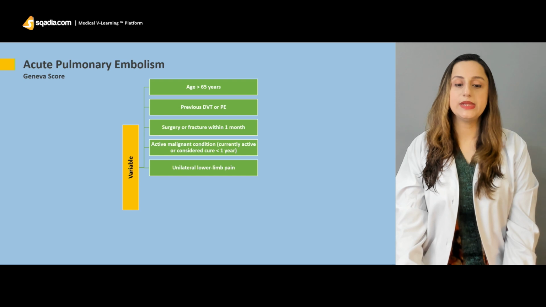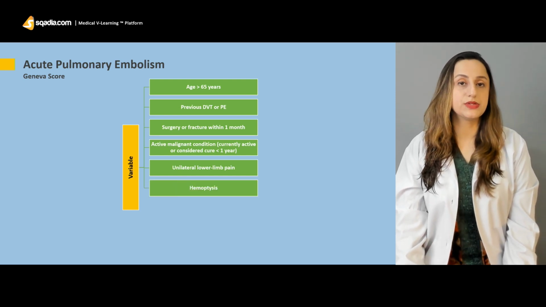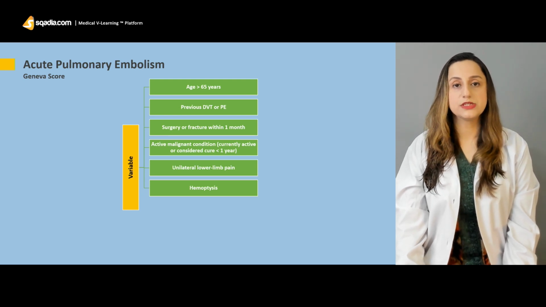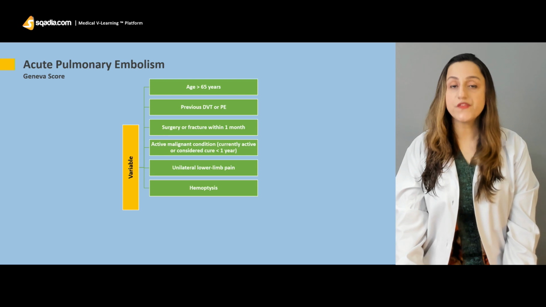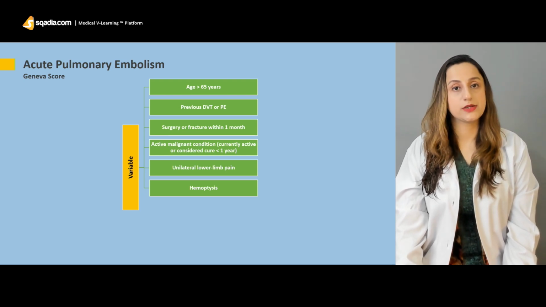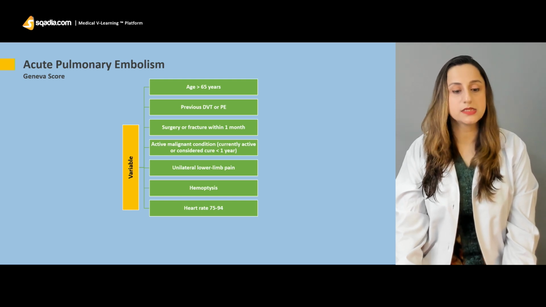Then again, unilateral lower limb pain is considered, and you would be considering any history of hemoptysis, that is sputum tinged with blood. So coughing of blood is one of the factors that can be quite diagnostic in cases of pulmonary embolism as well. And then we have a heart rate, usually 75 to 94 beats per minute.